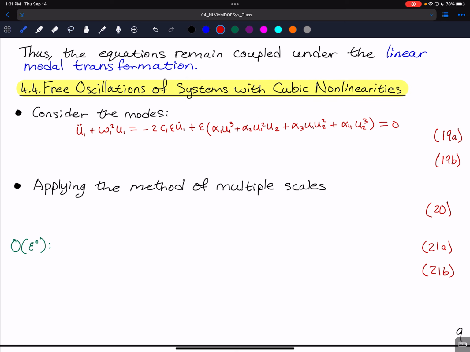So you can already see how we have a similar form to what we just had before, where now we have alphas and they've absorbed a negative sign as well.